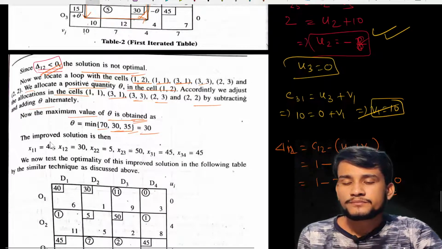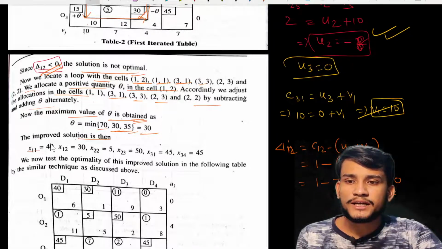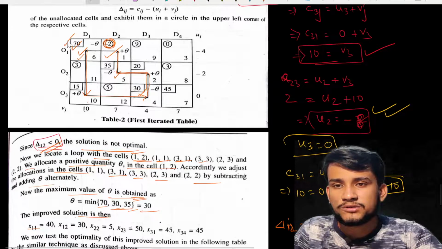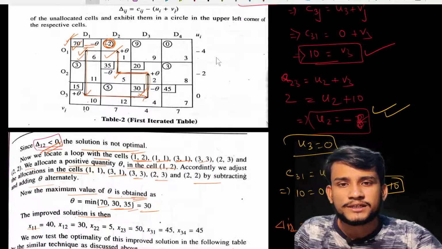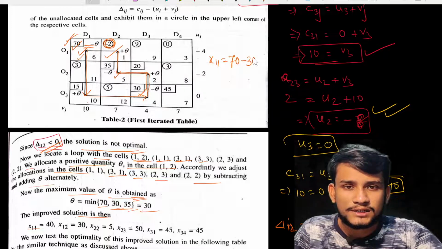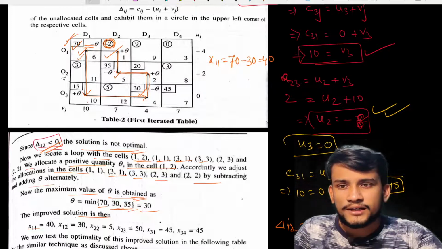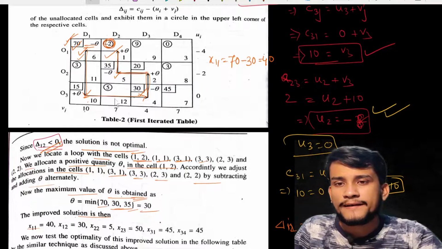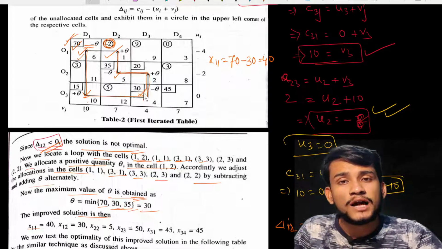Now the improved solution is: x11 equals 70 minus theta, and theta is 30, so x11 is 70 minus 30, which equals 40. Then x21, this loop is formed using the occupied cells.